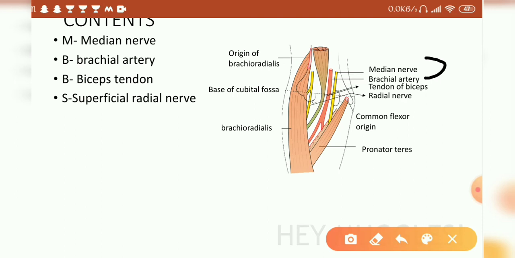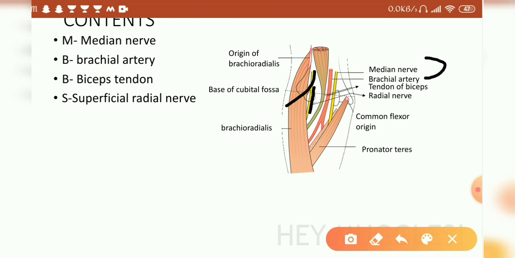Then we have biceps tendon. Biceps tendon passes backwards and laterally to attach to radial tuberosity, right? Then we have radial nerve. Radial nerve lies in the gap between the brachialis muscle that is present medially and brachioradialis muscle that is present laterally. And at the level of your lateral epicondyle, it divides into two branches.